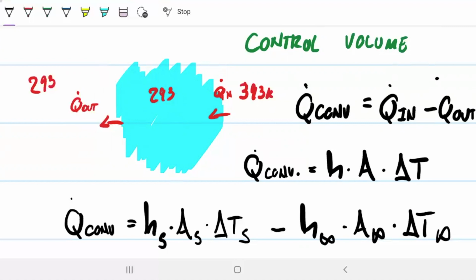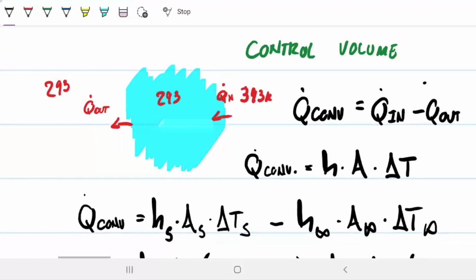What does that mean? It means that at some point my Q out equals my Q in. And when that happens, my temperature won't change anymore, right? Because all the energy that is coming from the steam is going away to the surroundings. So I can't have this fluid change temperature anymore. It's just going to be stuck on that equilibrium temperature.